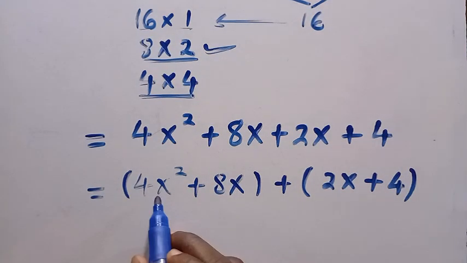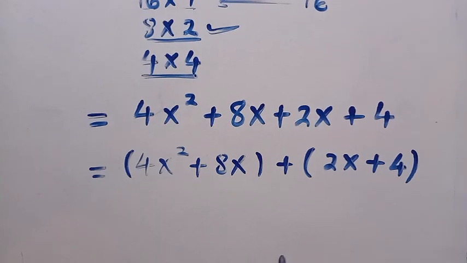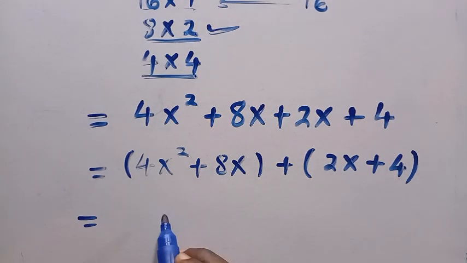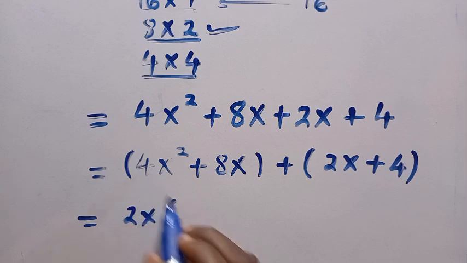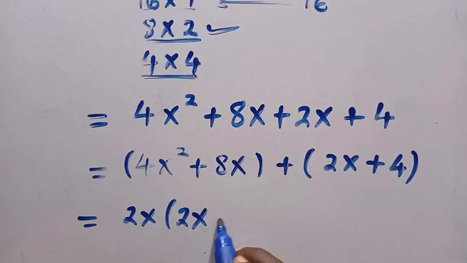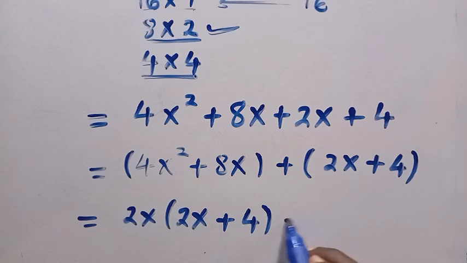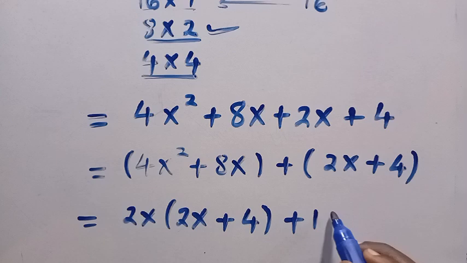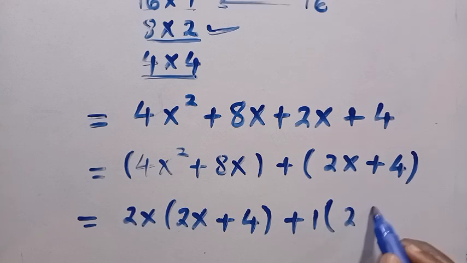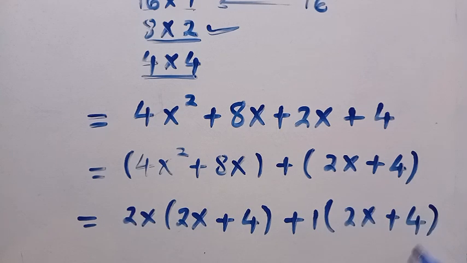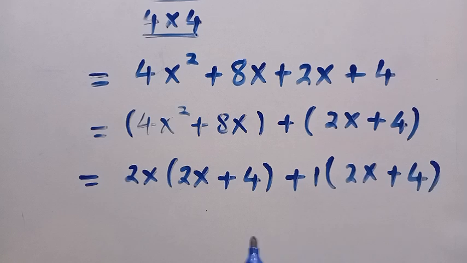I want to leave everything in terms of 2x. The inside of this parenthesis, suppose I take out 2x. Here we have 2x left plus, when we take out 2x, let's say we divide this one by 2x, we are left with 4. Then plus there is 1 outside the bracket. Then here is 2x plus 4. If this is what we have, then we have 2x plus 4 common to both.